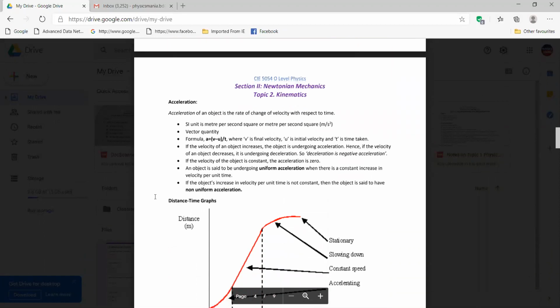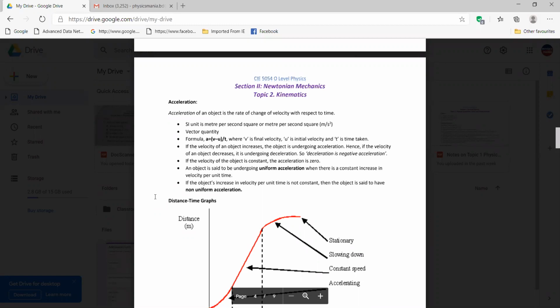Acceleration formula, you know. Deceleration is negative acceleration, and the same formula we will use for deceleration, but that time the answer will come negative. And we have uniform acceleration and non-uniform acceleration.